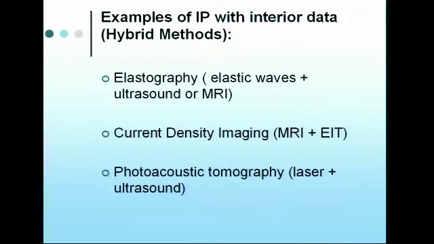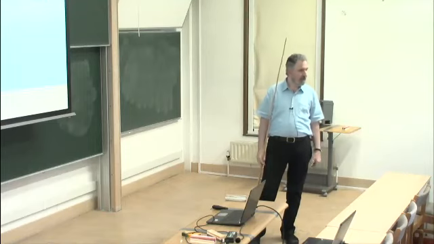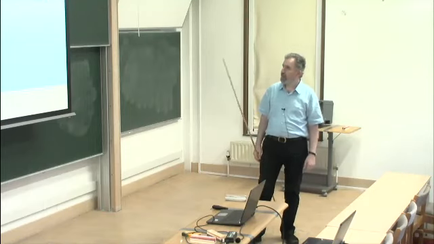So here I'll give you some quick examples of problems where, by combining two physical approaches, which is why these are sometimes called hybrid methods, we try to get more information than is traditionally available from inverse boundary value or inverse scattering problems.